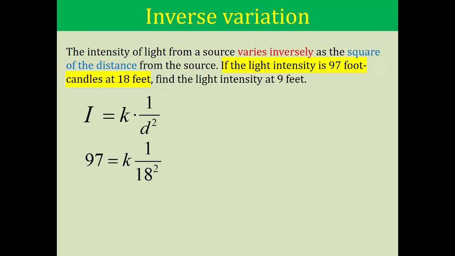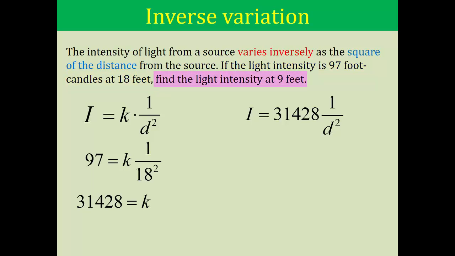For D, we'll use 18. And we solve for K. Multiplying both sides by 18 squared, here's what we get for K. We rewrite the beginning equation with that in place of K. And we answer the question. At 9 feet, that means D is 9, we would have I is 388.